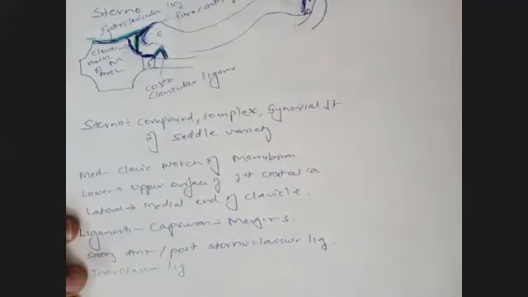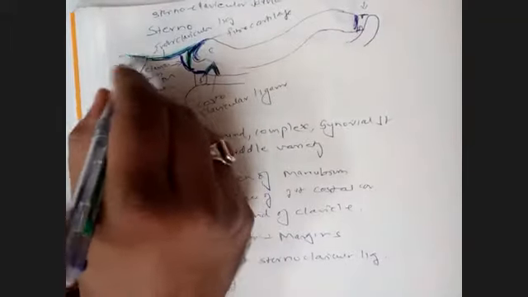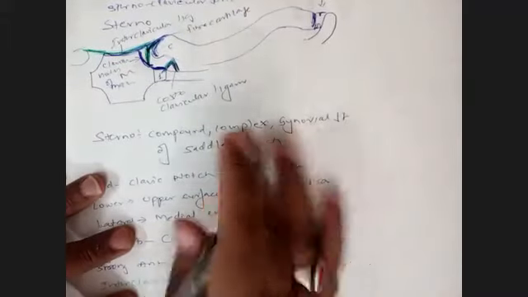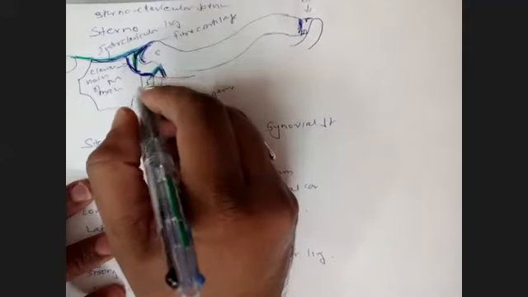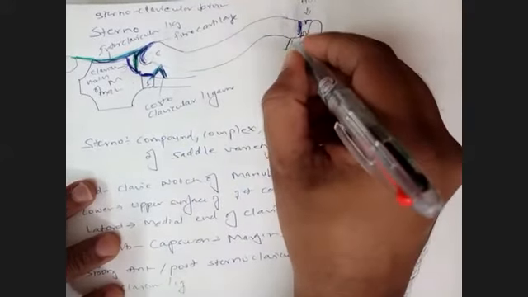Therefore, it is called interclavicular. It stabilizes the joint. And the costoclavicular ligament, here it is, and here is the acromioclavicular ligament.